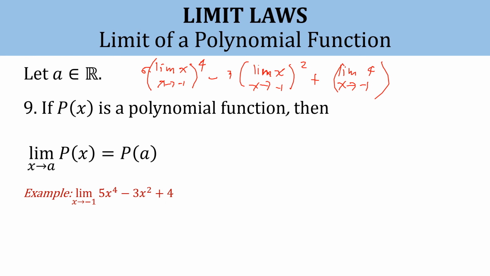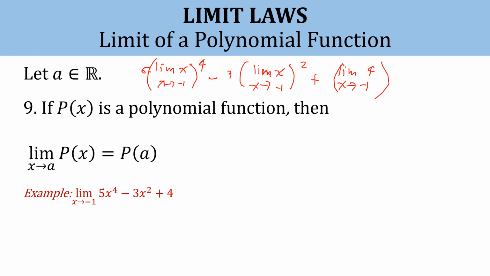If ever we are given a polynomial function, then the limit of that polynomial as x approaches a is just evaluating the function p of x at a. In order to apply this, we have to understand what a polynomial function is.